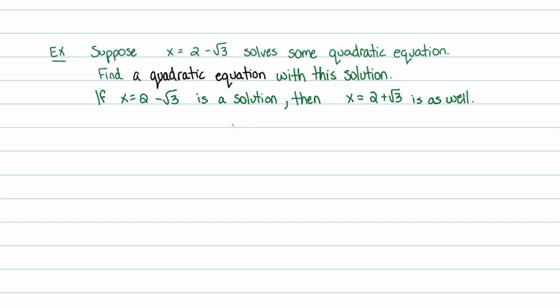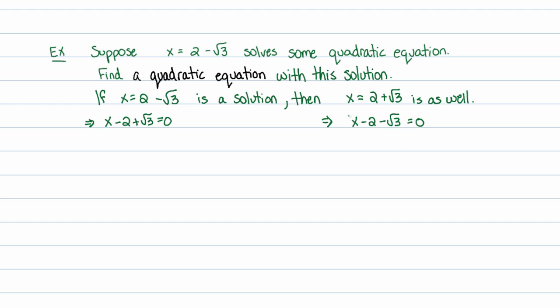We have these two solutions, which means that if you subtract 2 from both sides of this first one and add root 3 to both sides, it means that x minus 2 plus the square root of 3 is equal to 0. That's what the first one means. The second one means that x minus 2 minus root 3 must equal 0 as well.